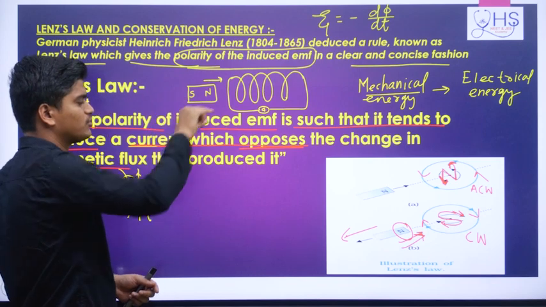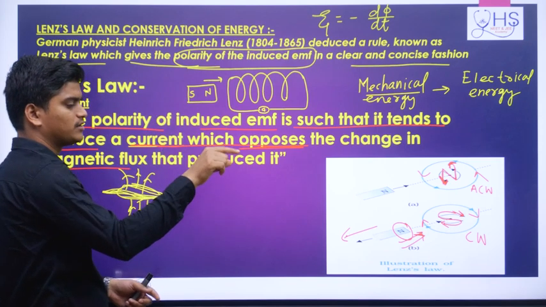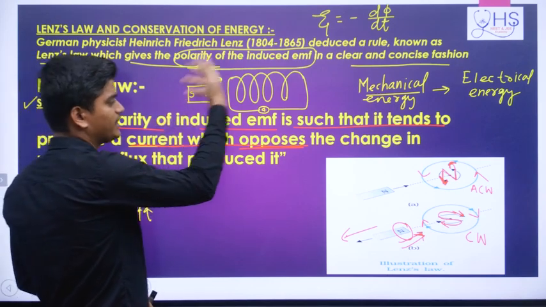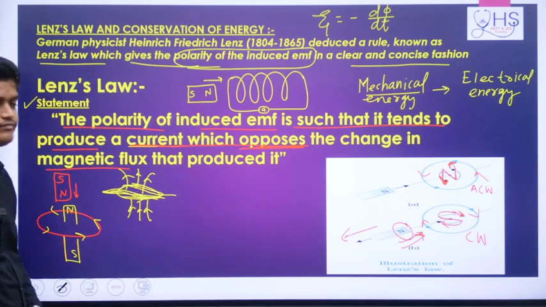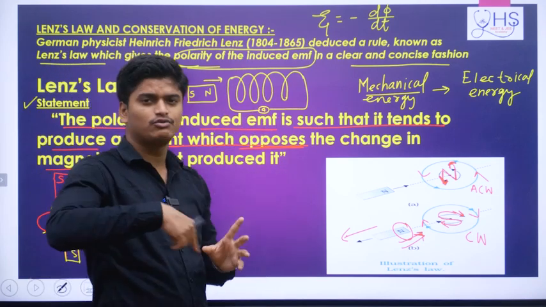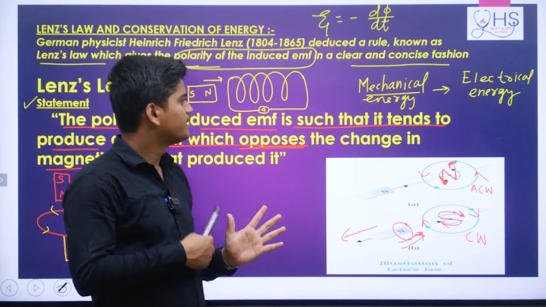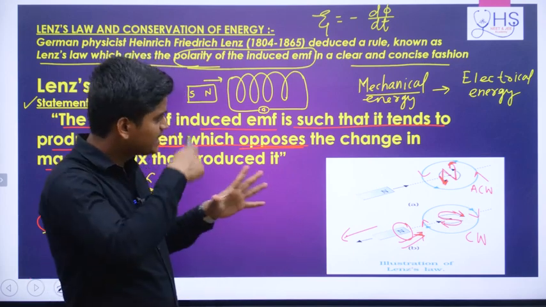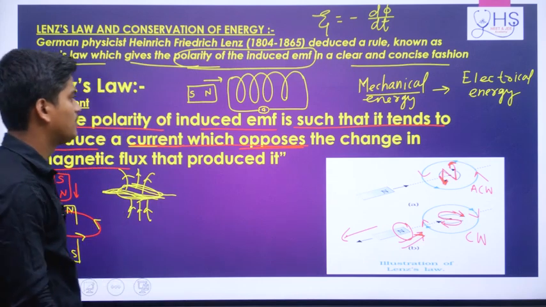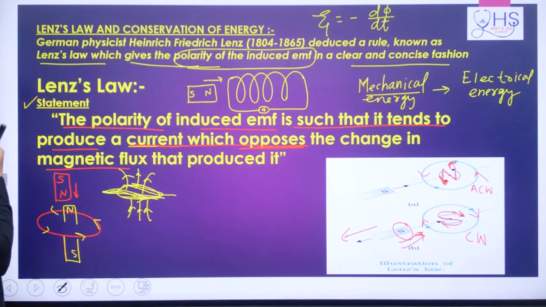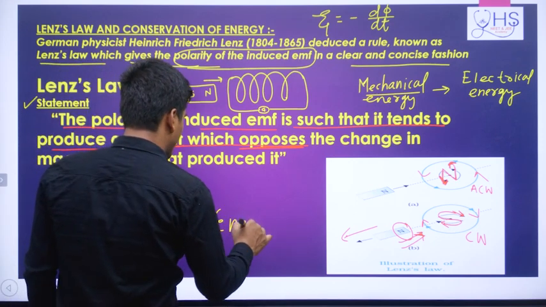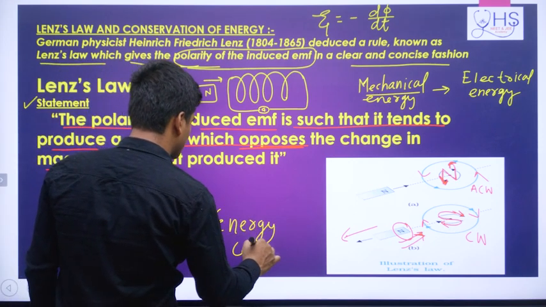So mechanical work is done, and that energy is getting converted to electrical energy. And in the wire, what is happening? Heat is produced. If current is there, resistance will be there, then heat will be produced. Then electrical energy will get transformed to heat energy. So like this it is going on. So energy conservation is there. So you can write Lenz's law is in accordance with the energy conservation.